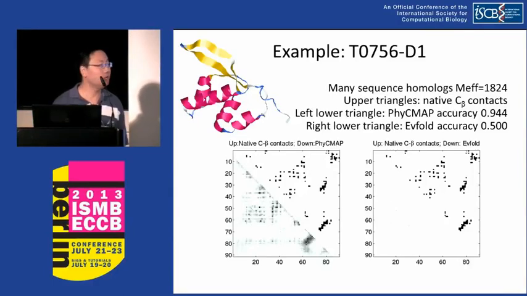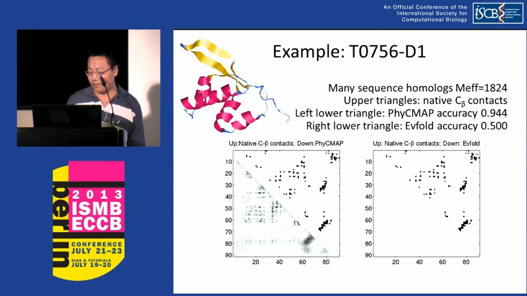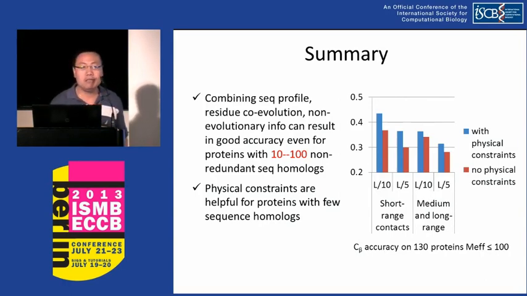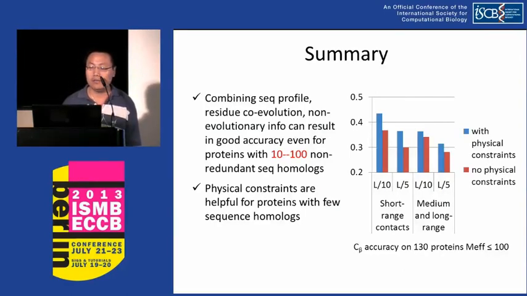Okay, so I just showed you some examples, and finally I will summarize my talk. The first take-home message is that we couldn't simply use a single information source for contact prediction. It's better for us to combine different information sources like the sequence profile and residue co-evolution, and also some non-evolution information.